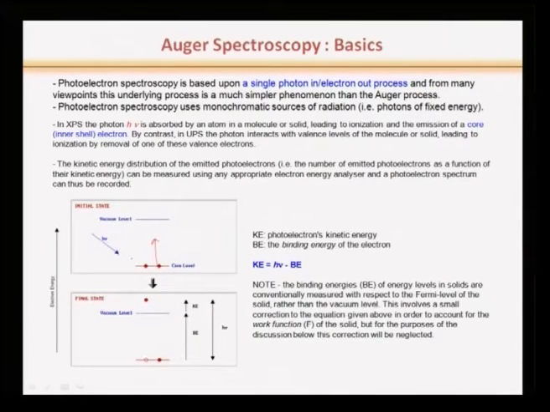And SIMS, secondary ion mass spectroscopy, is basically mass spectroscopy. In SIMS, a helium ion source is used, and it ejects some ions from the sample, and we detect the mass of those ions.